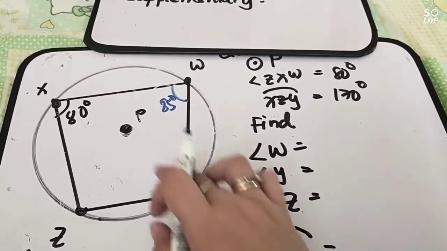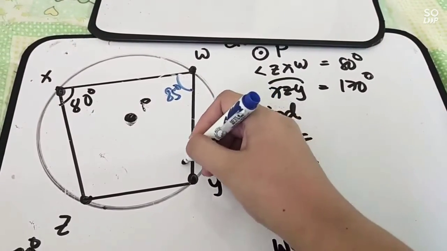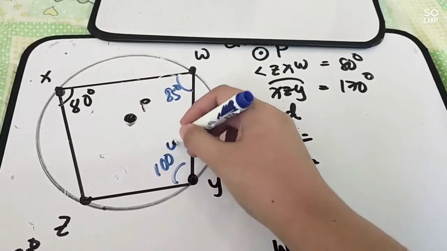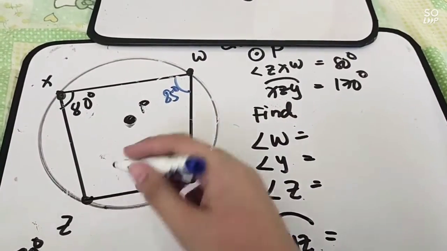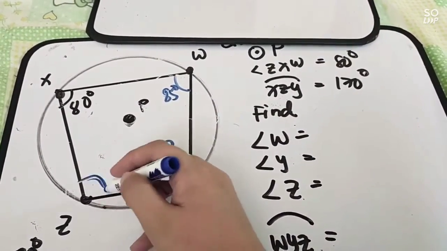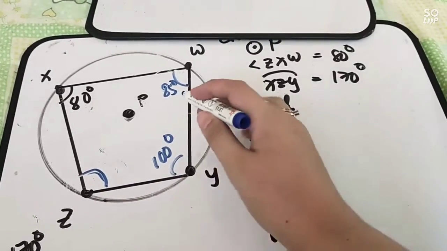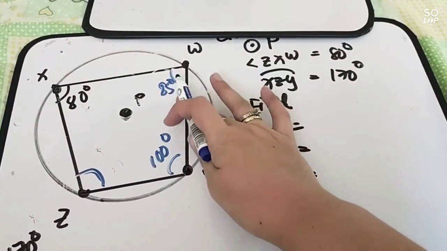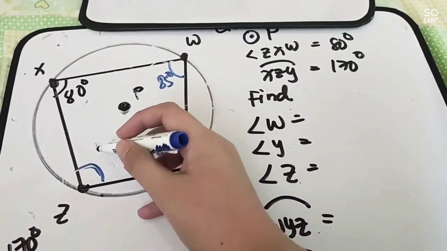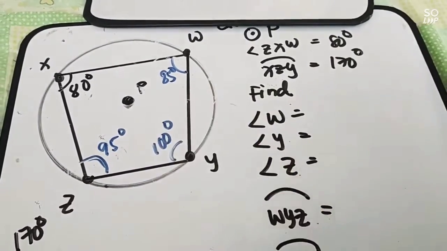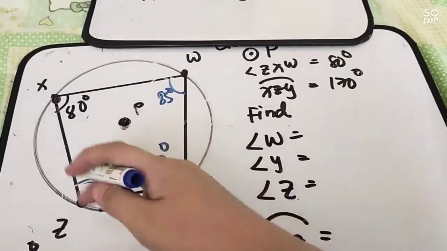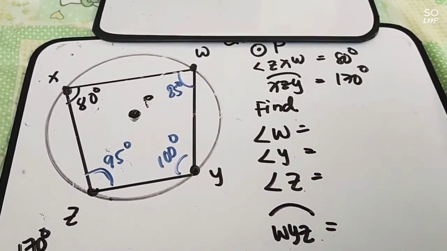So, 180 minus 80, the answer here is 100 degrees. And then, this one is supplementary here. Therefore, 180 minus 85 degrees, the answer here is 95 degrees. Okay? Then, when you add it all, ang sagot dyan po ay 360.